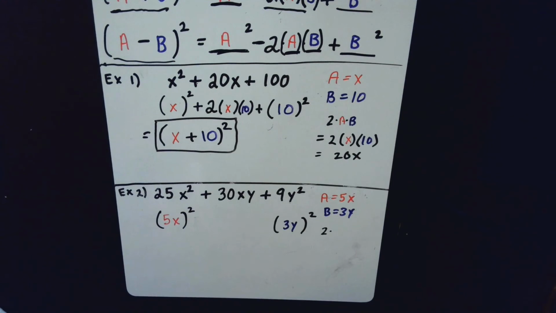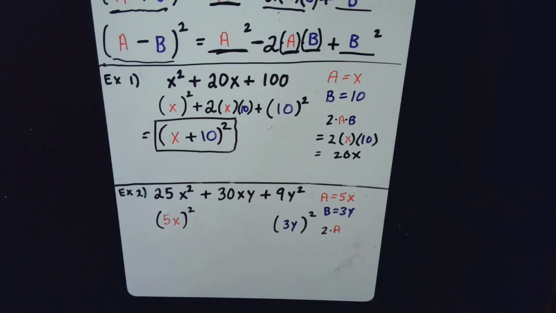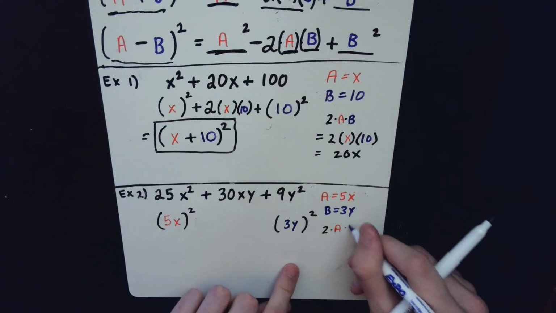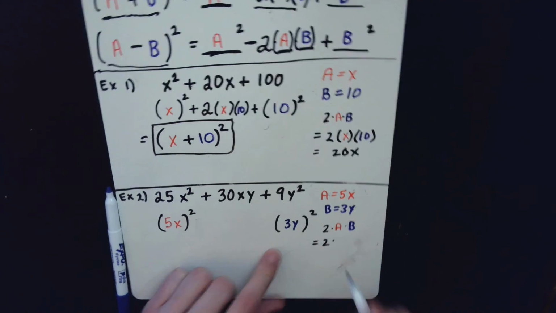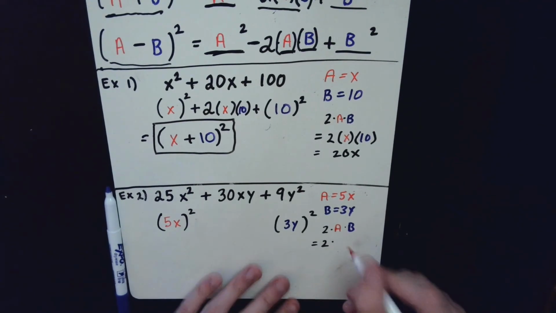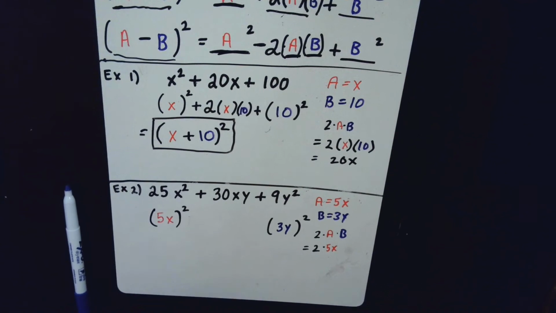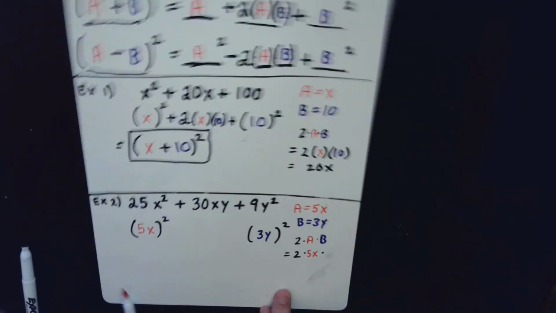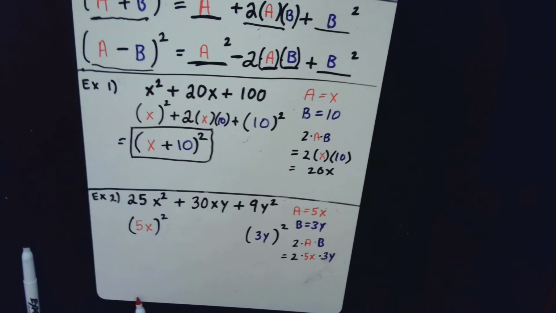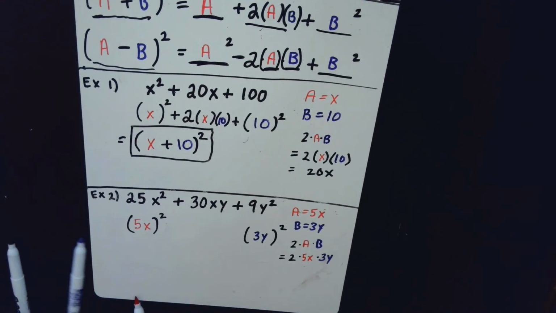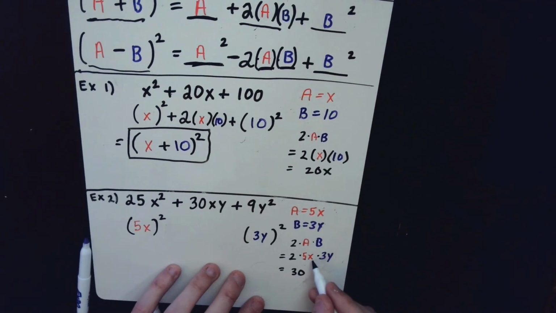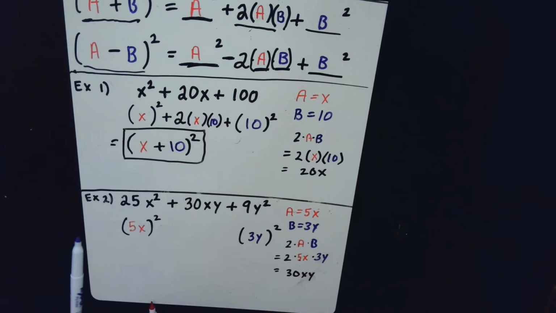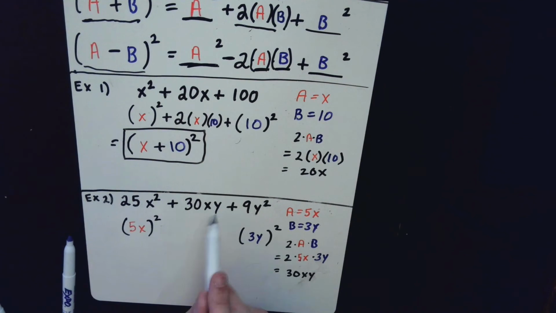2 times a times b is 2 times 5x times 3y. All right, so if we multiply all those together, 2 times 5 times 3 is 30, and then of course x times y is just xy. So this does check out. This is exactly what we had originally.